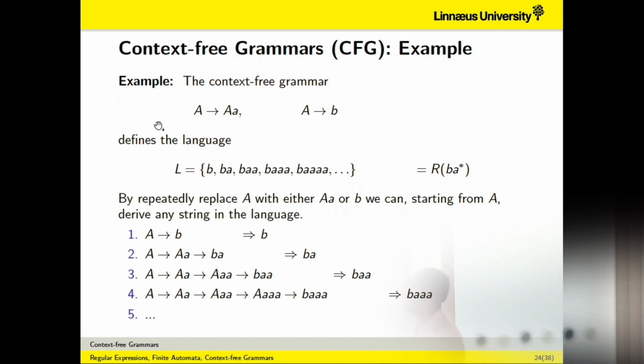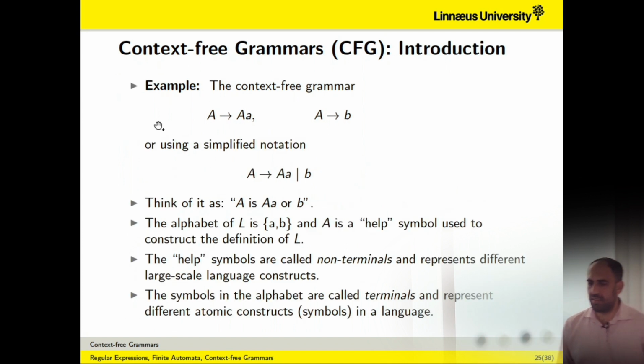So this is basically the same as a regular expression like this, starting with the letter B, and then you can have A zero or more times. So in regular expressions we have symbols and basic constructs.